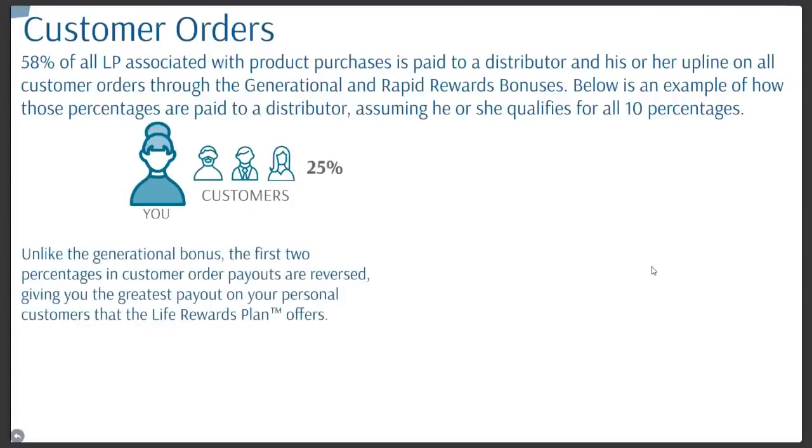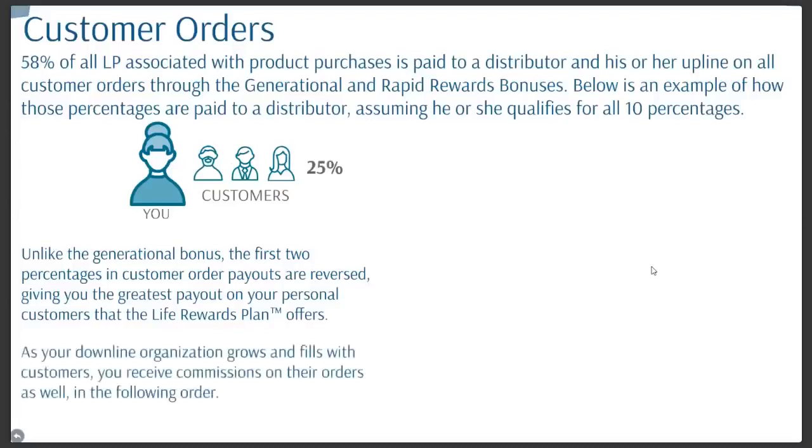So if you remember the previous slide where we showed that all the ranks get 2% on their very first level and then 25% on their second level, for these customer orders, we actually flip it. So we gave the 25%, which is the highest percentage payout in the compensation plan, as that payout for those customer orders. And as your downline organization grows and fills with customers, you're actually going to receive commissions on their orders as well. And they pay out in the following order.